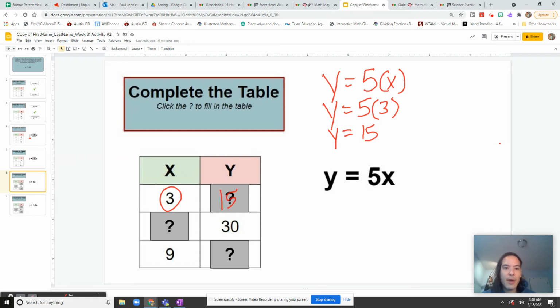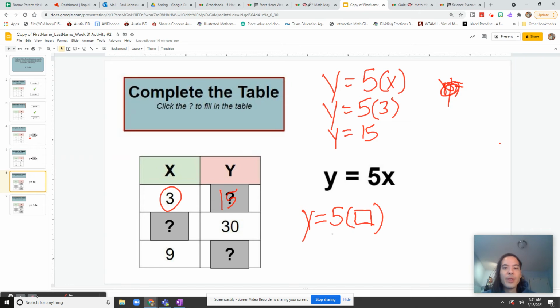All right, over here we have the blank for the y. So y is equal, oops, we don't have the blank for the y. What am I talking about? Let me do this again. We have the blank for the x. So on this one, we have y equals, and then we don't know our x. So it's 5 times something we do not know.